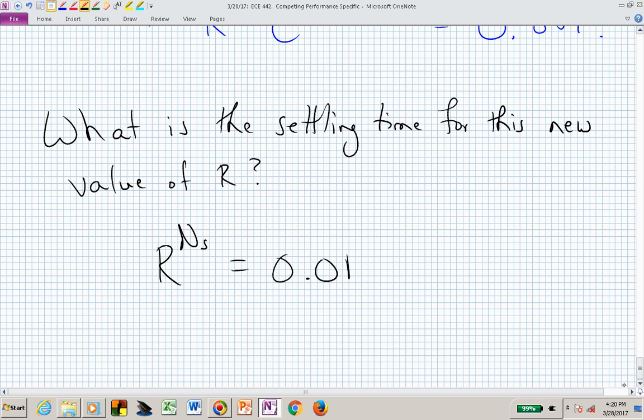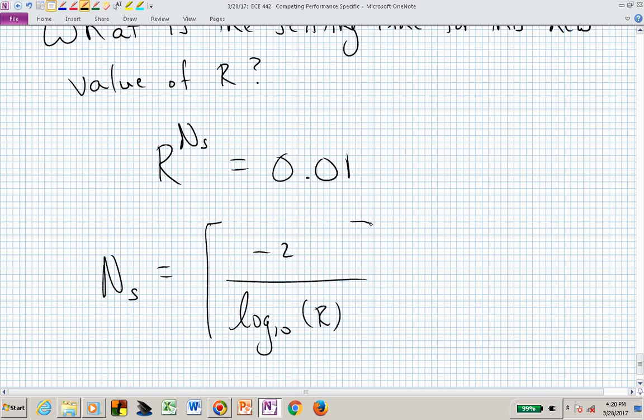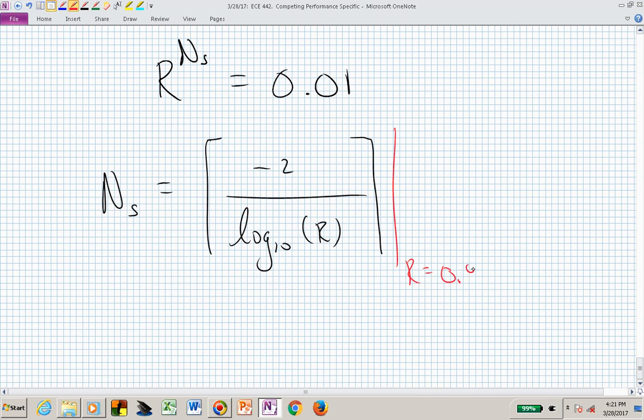Now we know r, we know 0.01 on the right-hand side, so we just solve for n sub s. It is the ceiling function of -2, since we've taken the log base 10 of both sides, over the log base 10 of r, which is our new r value of 0.851.